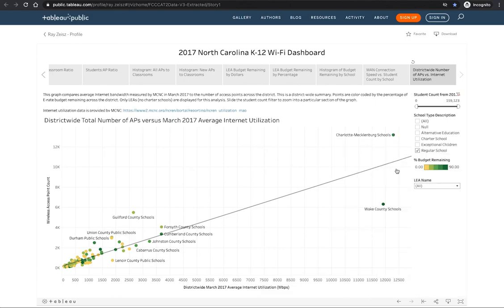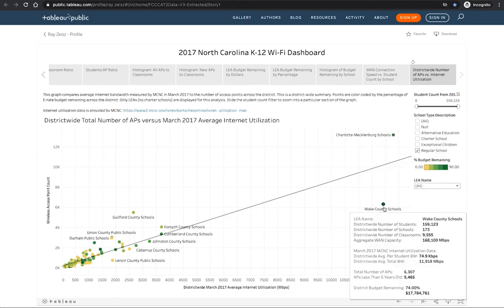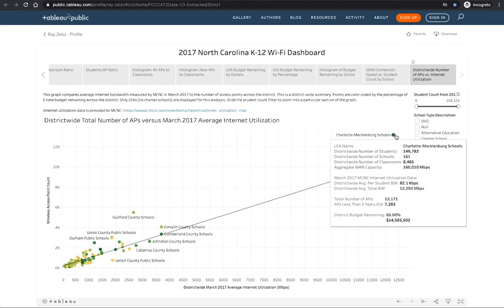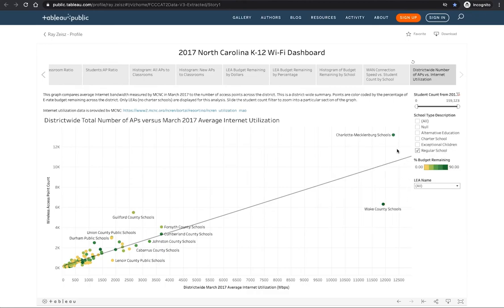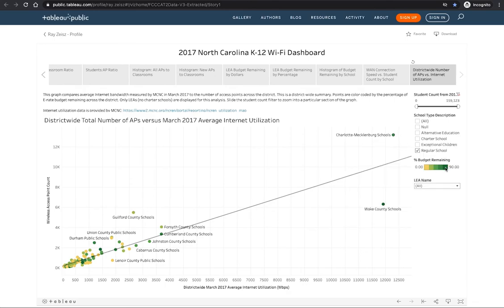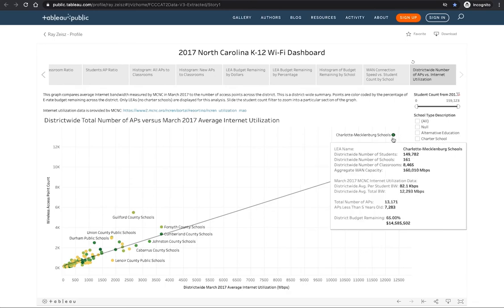I do think this is interesting, the discrepancy between Charlotte and Wake, but we have to remember Charlotte in 2017, I believe, had the largest Chromebook deployment in the world, around 100,000 Chromebooks deployed in the district. They weren't one-to-one in every grade, but they were one-to-one in a lot of grades, so they would have been higher than normal. And it's interesting that they also had quite a bit of budget remaining in 2017.